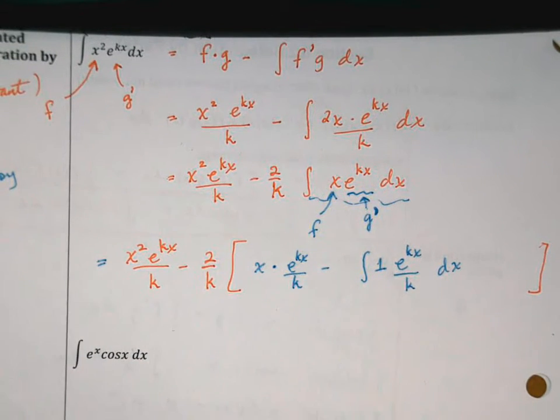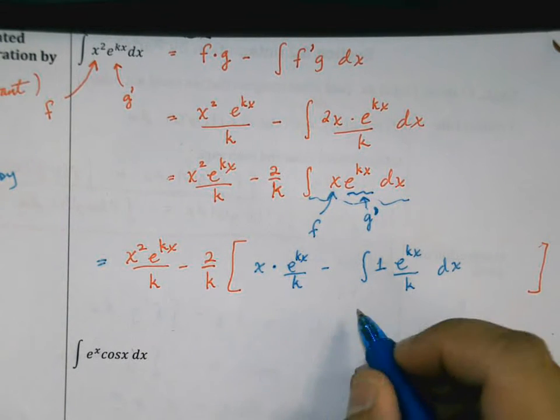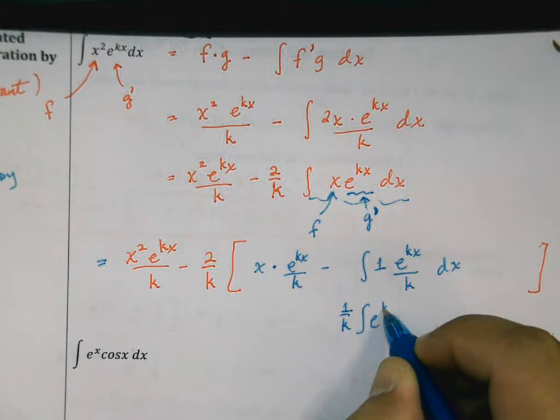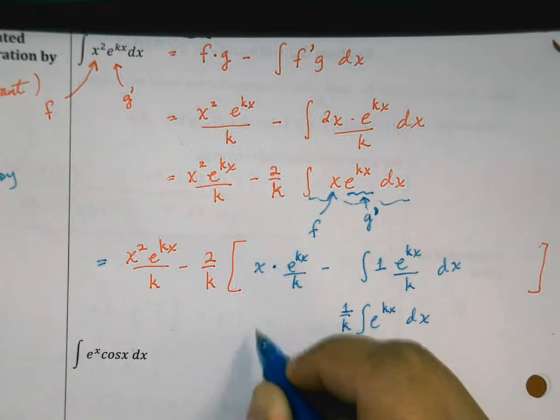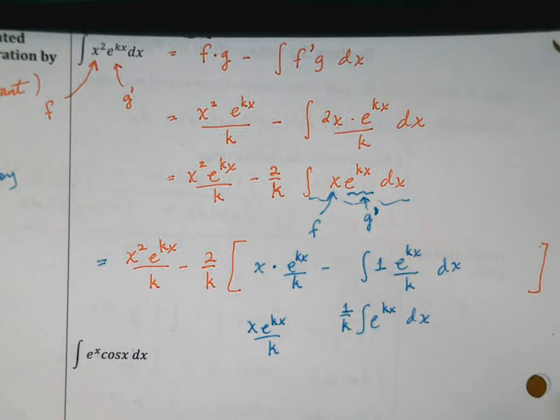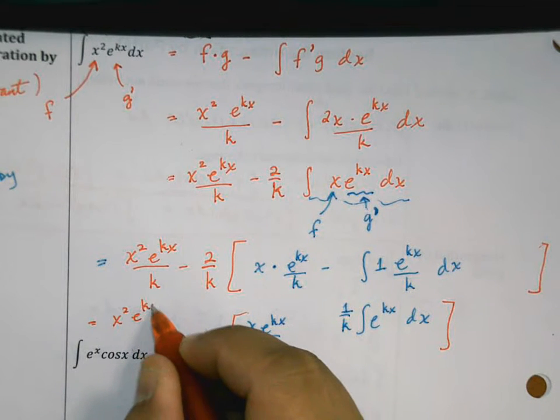Now with this antiderivative, maybe we can pull out 1 over k. I'm just trying to make things simple. And all the other stuff in the front we still have.